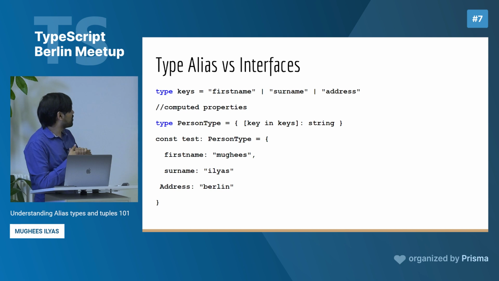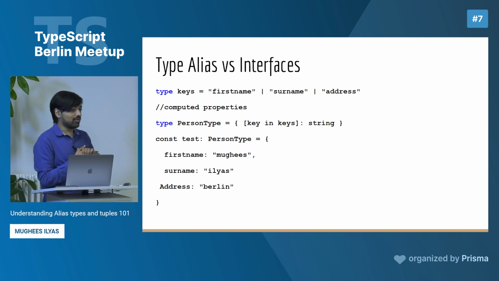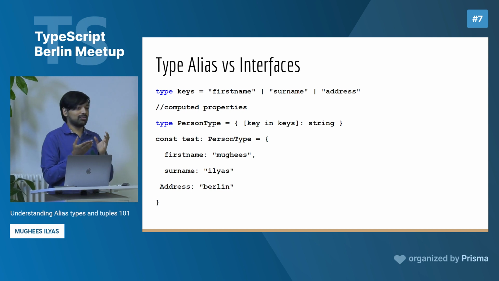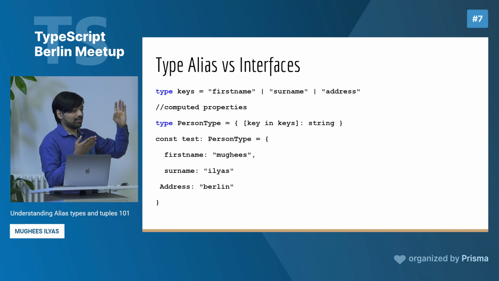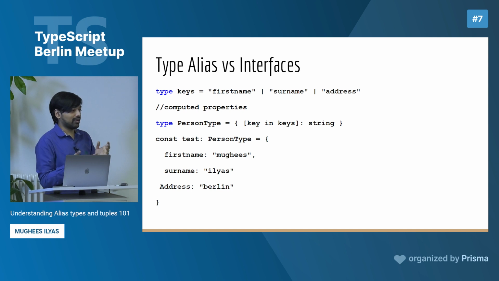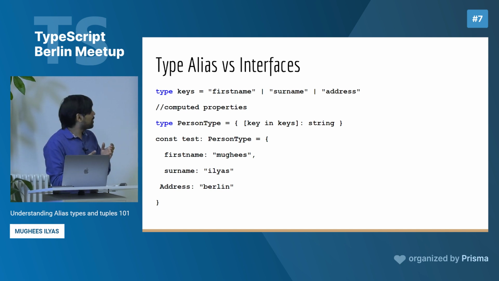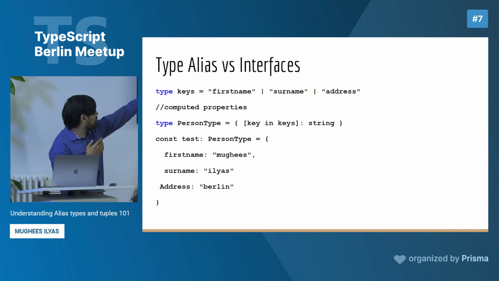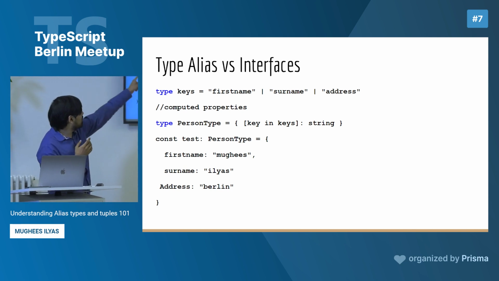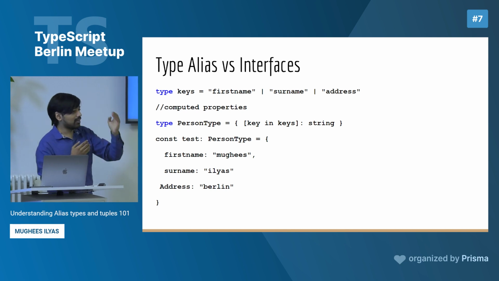And this is my favorite part of the type alias, the computed properties. Let's take an example where you want to type an object which will have first name, surname, address, maybe age, or XYZ elements in it, and all of them will be typed as string. Rather than typing them one property at a time, you can use this in property with the key, and it takes all of the keys and assigns a single type to it.